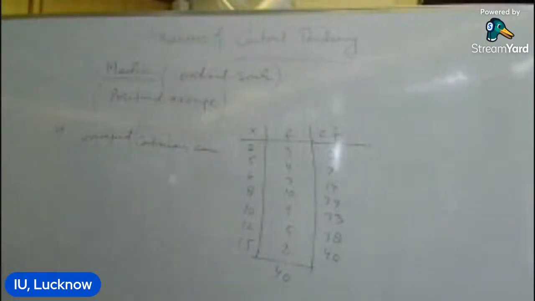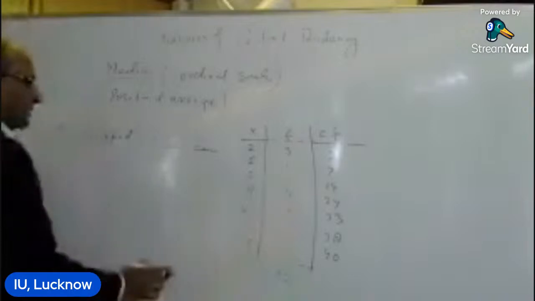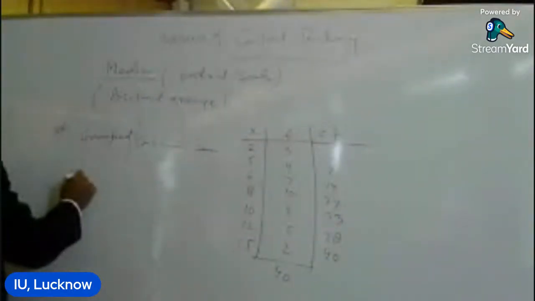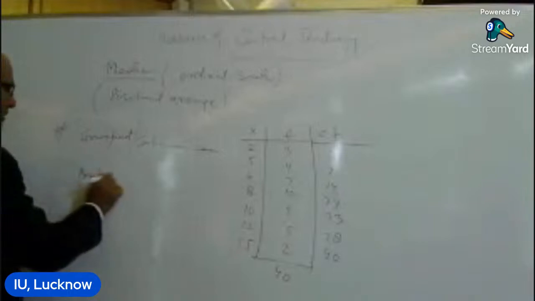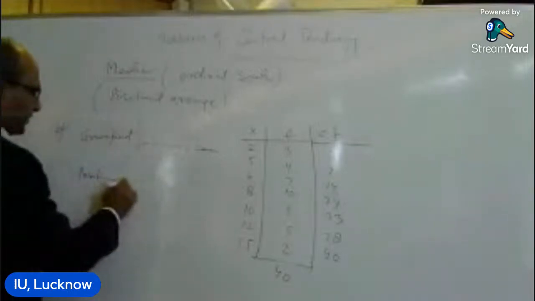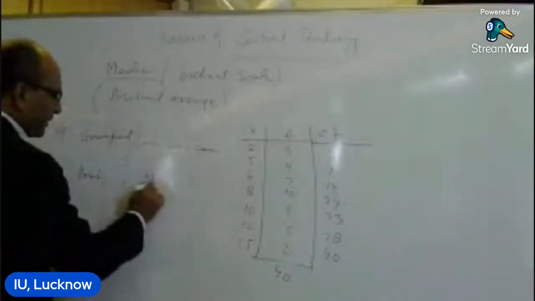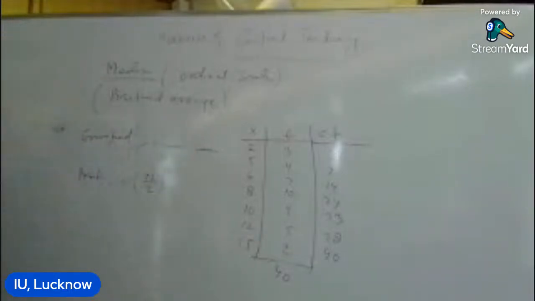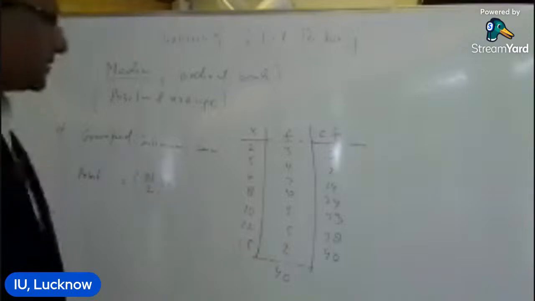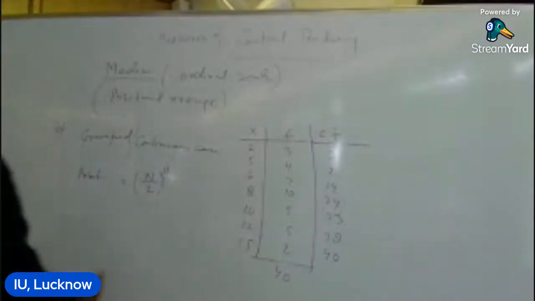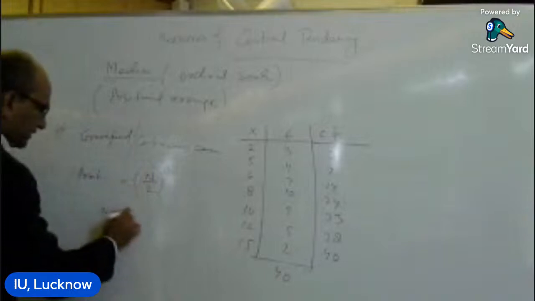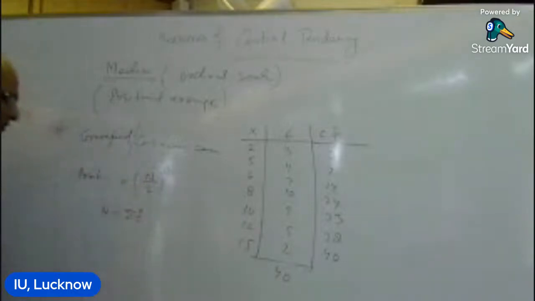The next is what? We have to find the position. Position can be obtained by N divided by 2th position. Capital N means sum of the frequency, total frequency. We have already discussed capital N is nothing but the sum of total frequency.